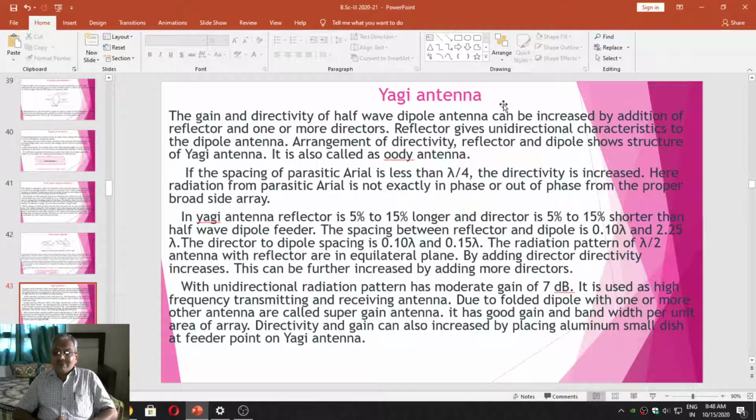Friends, 5 to 10 years back, this antenna was always located on the top of the building to receive the radio frequency signal transmitted by the transmitter, which was connected to our television device.